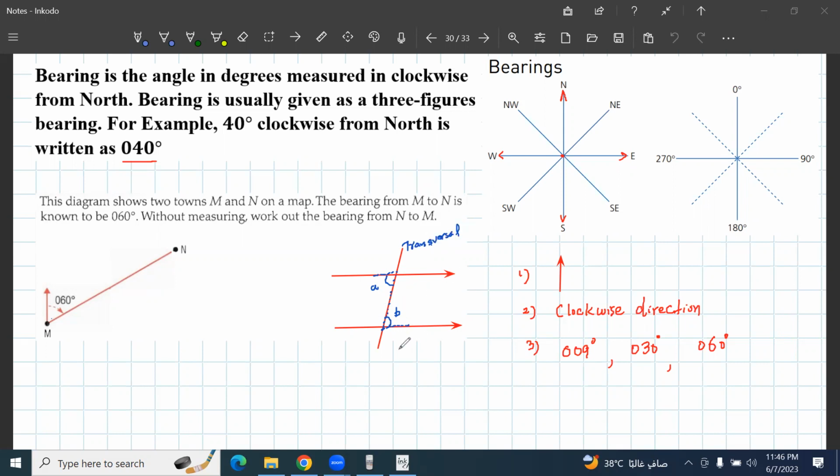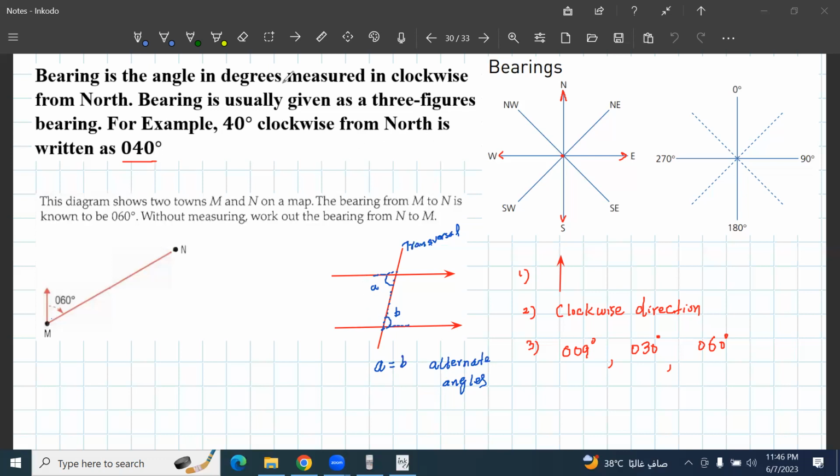These are the parallel lines. So we can say that A equals B, and they are alternate angles.